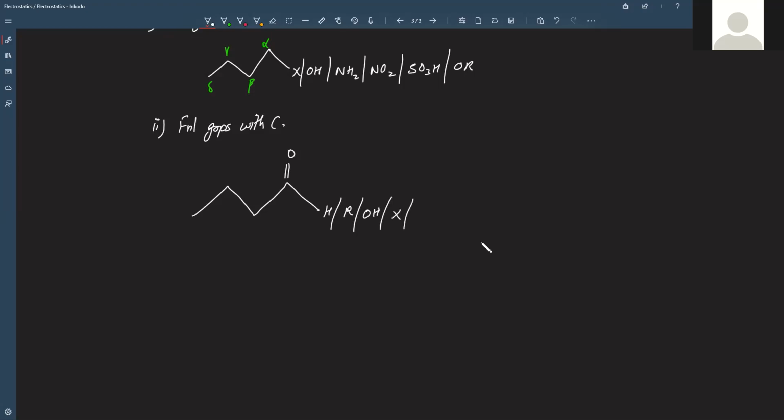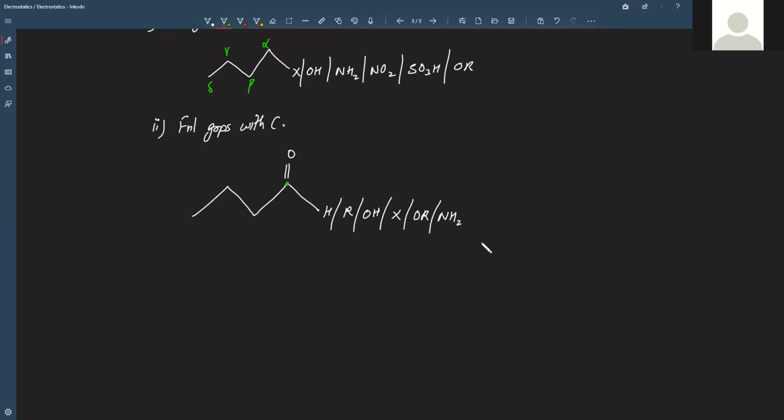Acyl chloride, acyl halide. And if it is OR, this becomes an ester, right? And if it is NH2, it becomes an amide. So in all these functional groups, the carbon which is here is part of the functional group.